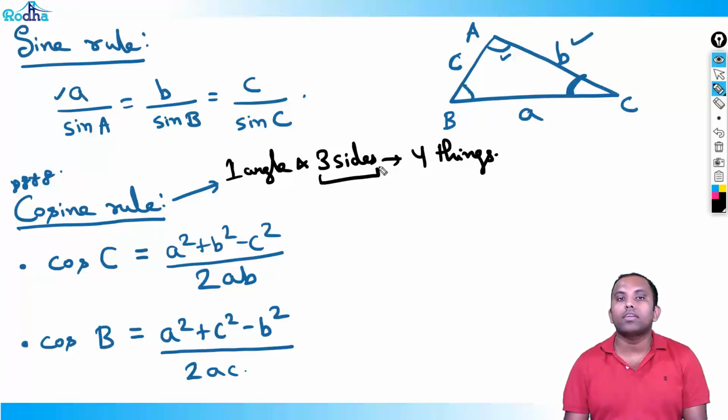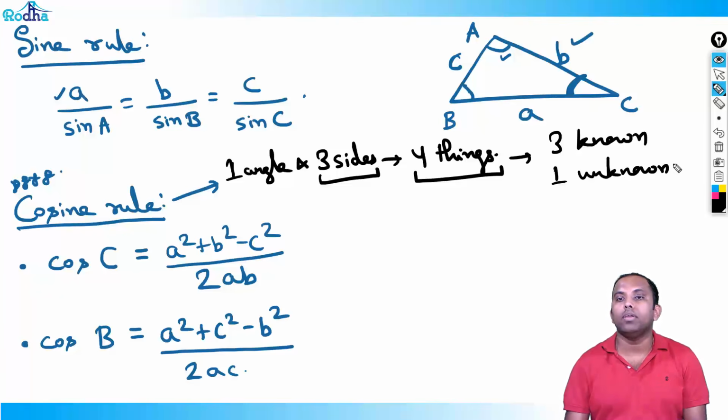So when three sides are known, you can calculate the angle by cosine rule. Or when one angle and two sides are known, you can calculate the third side by cosine rule. So out of four things, whenever three are known, one unknown can be easily found.